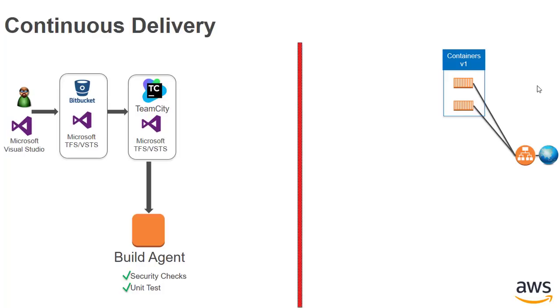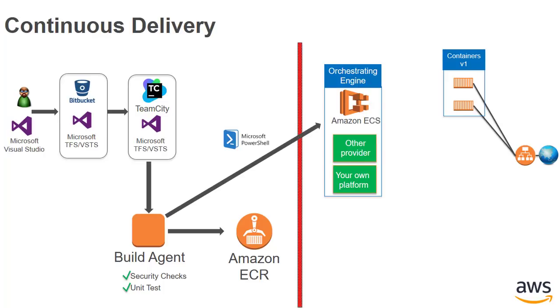Once the build agent builds the image, the next thing it's going to do is, using Docker commands, publish that image into Amazon Elastic Container Registry. You can publish it into your own private repository or something like Docker Hub. It's up to you. And once it publishes that image into Amazon ECR, it's going to invoke the orchestration engine.